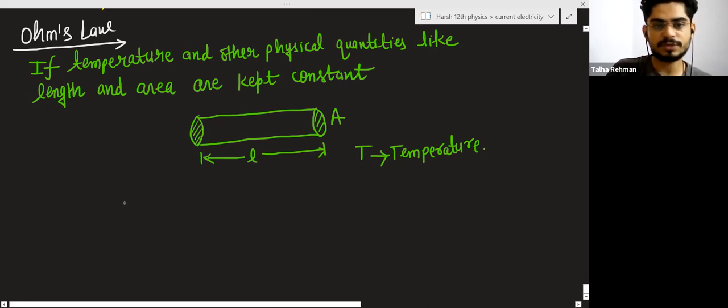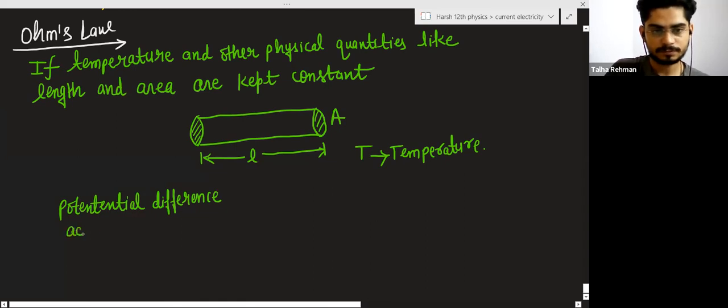So in this case, you can say the potential difference across the ends of a conductor is directly proportional to the current flowing in the conductor.